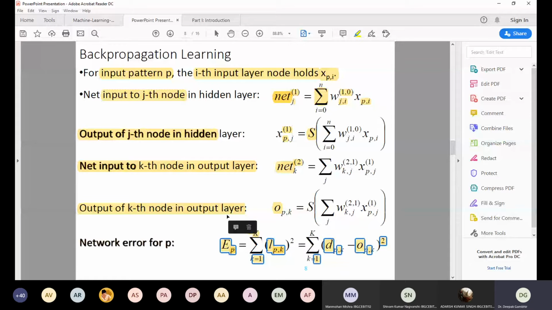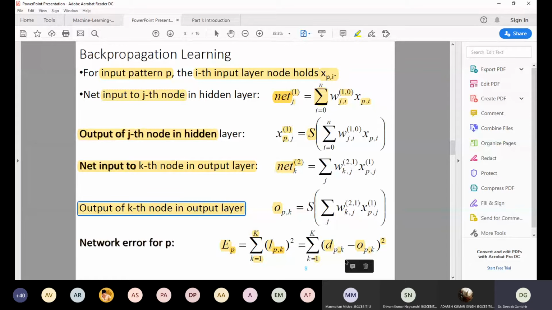We will write that error as summation k equal to 1 to K, the desired minus output whole square. Mean square error we are going to consider, but in this case the mean is not taken, just the sum of square error. This is the terminology we used.